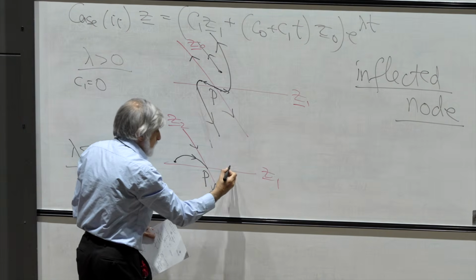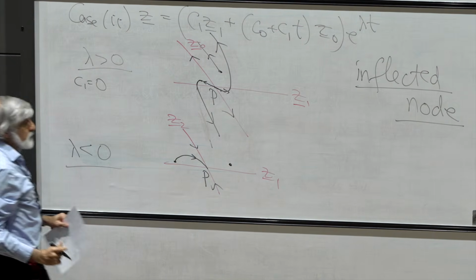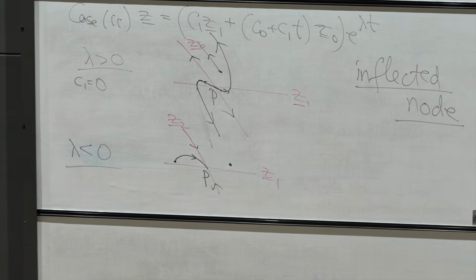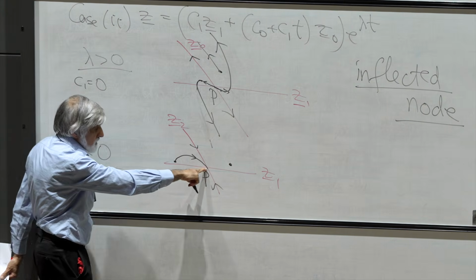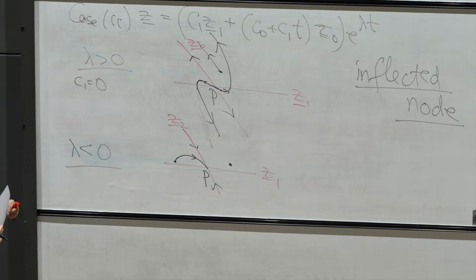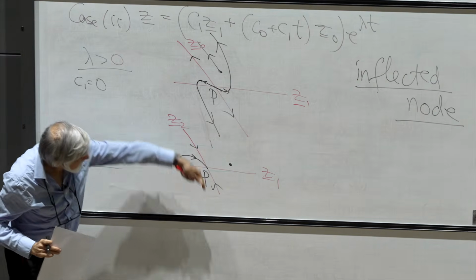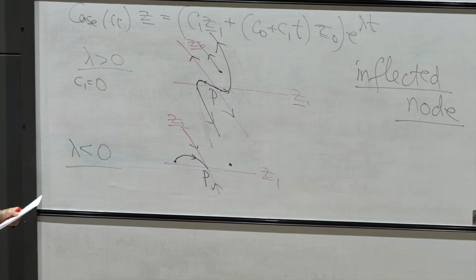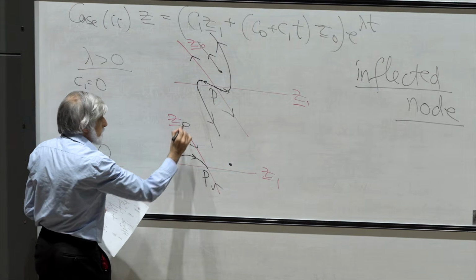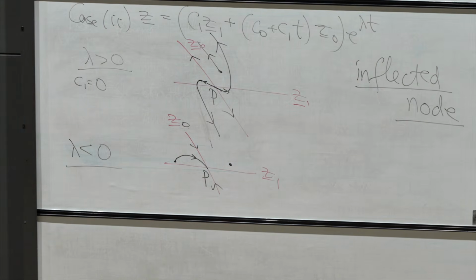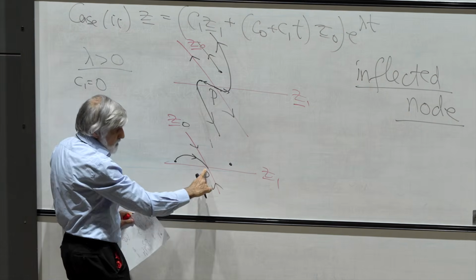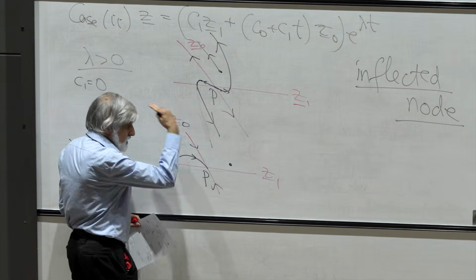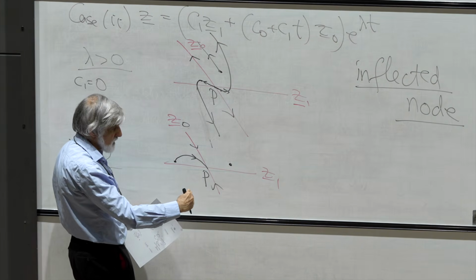And what happens if we would start here? Then we again have to go to here, and again we have to go along this direction. Z2 and Z0 are the same. Oh, sorry. Thank you, that should be Z0. Thanks for pointing that out. Sorry about that, I went back to the original notation. So if we're going to get back to there, going along this direction, there's two ways we can do it.